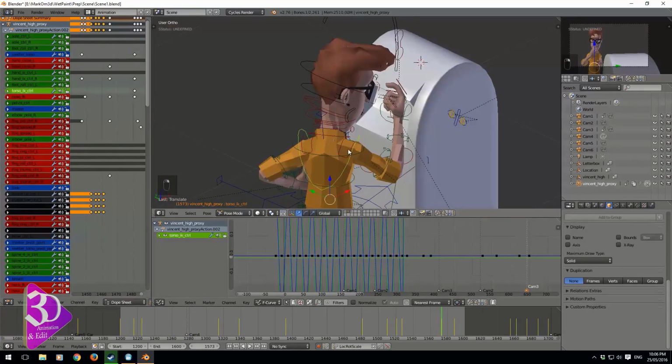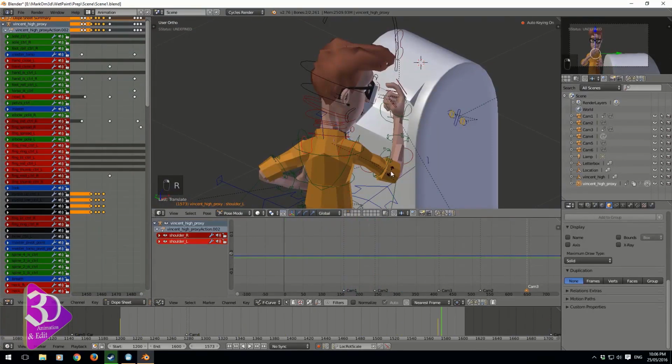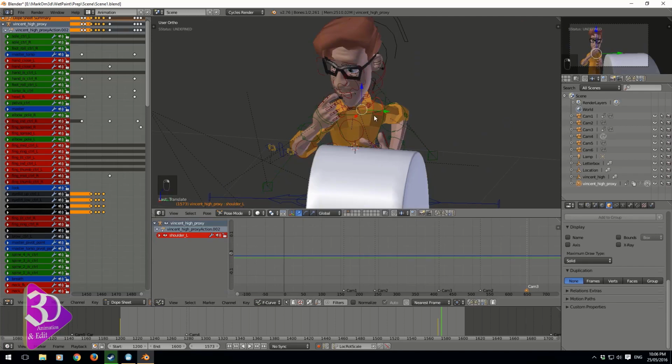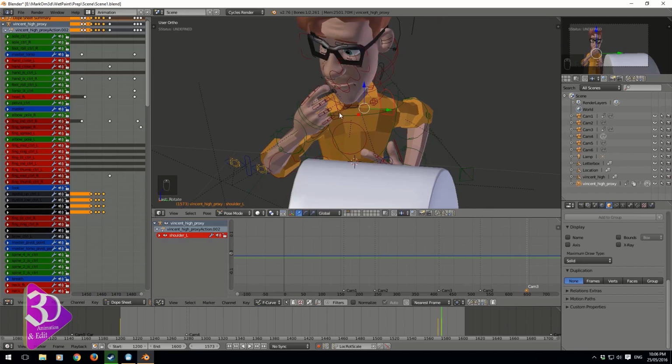So with these two, rotate X. Nope. Rotate Y. Nope. Rotate Z. It is not that. Okay. Rotate X. Z. There we go. Rotate Z. Just up a smidgen. Z. Up a smidgen.